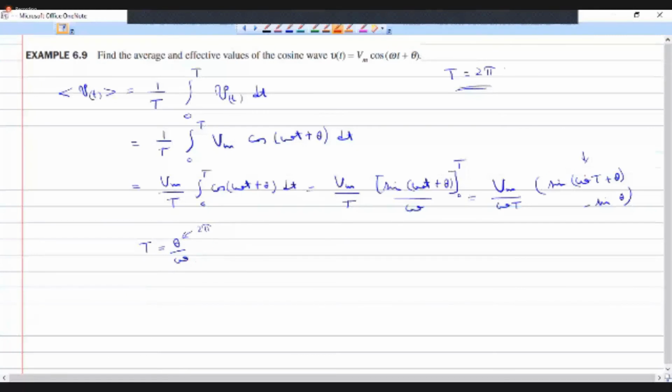So I substitute it here. So what will happen to this? So on the right, Vm by omega times sine of omega into 2 pi by omega plus theta, minus sine theta. Okay. So what is this thing? It is sine of 2 pi plus theta. So what is sine 2 pi plus theta?